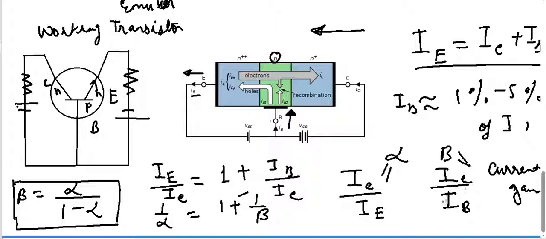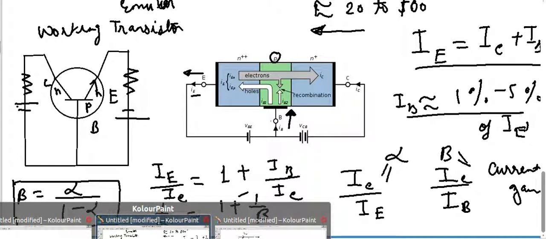So if we evaluate beta, and work out the mathematics, beta will be about 20 to 100. If IB is about 1 to 5% of IE, and we find the relationship between IC and IB from this equation, then we will roughly get the value of beta from 20 to 100.